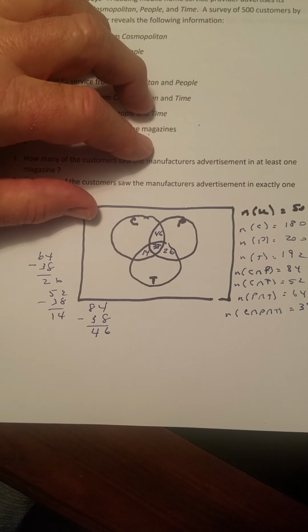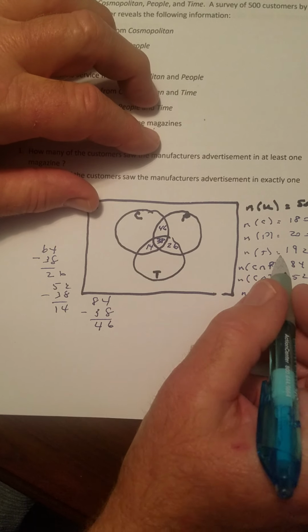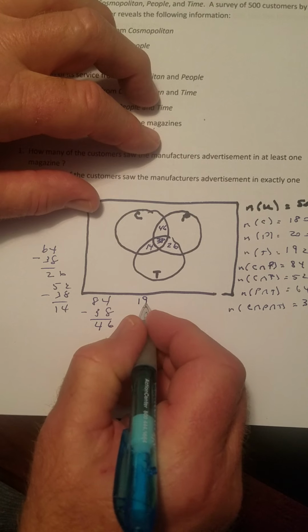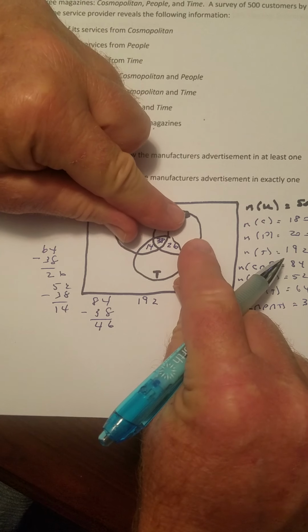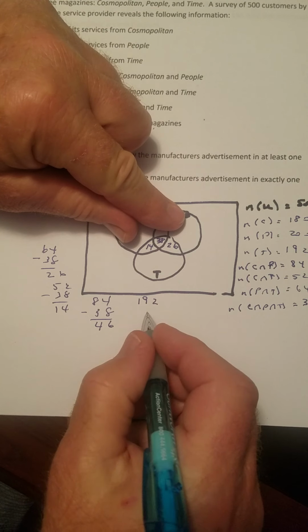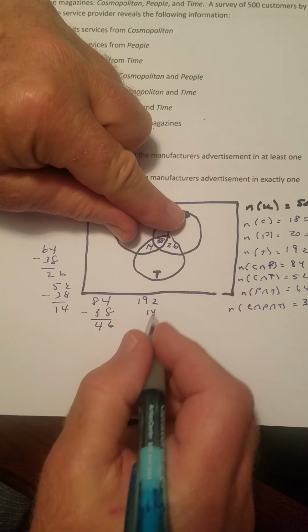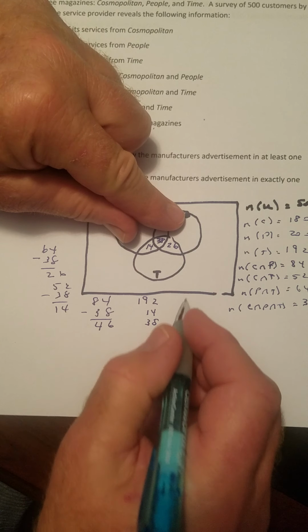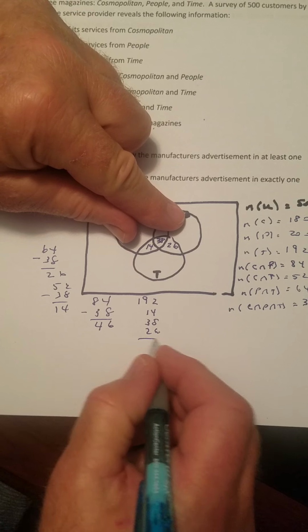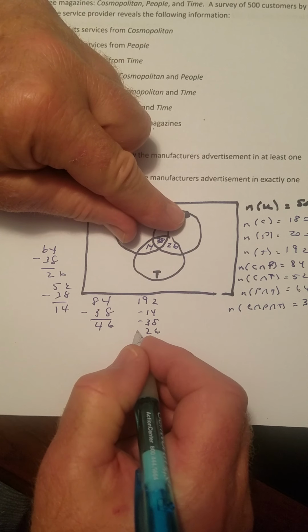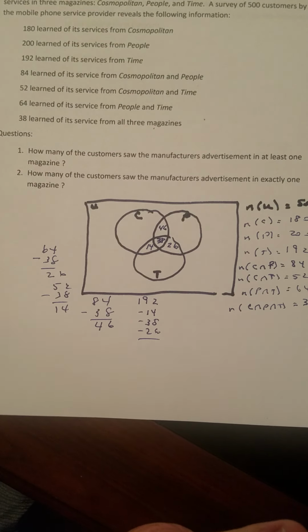Okay, now, moving up the line. Time has 192 people. Here's Time. But I've already got 14. I've already got 38. And I've already got 26. So I have to subtract each of those. So, get my calculator here.